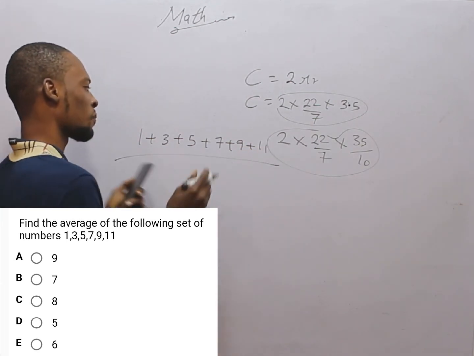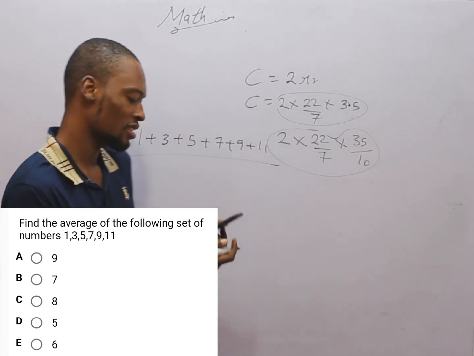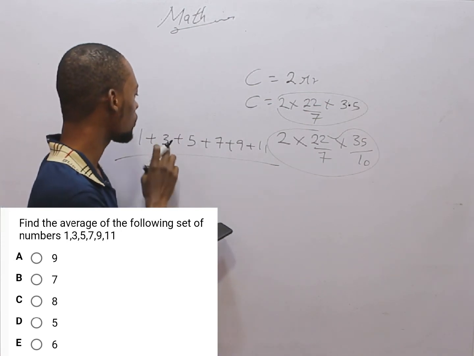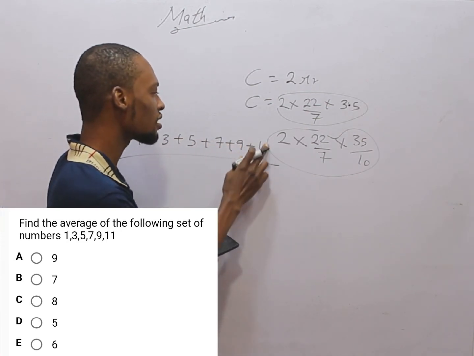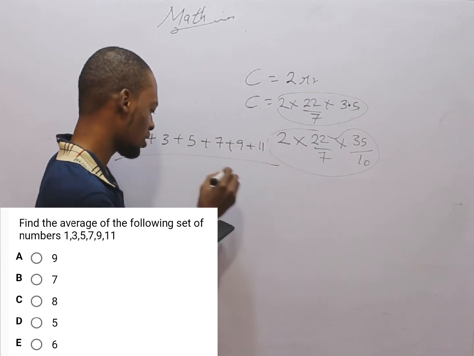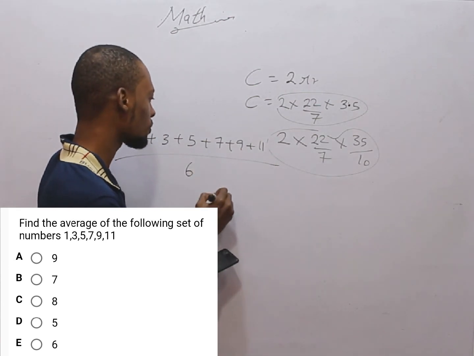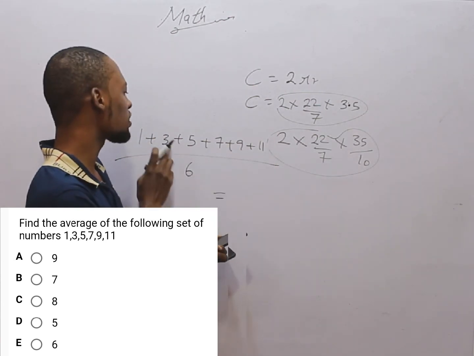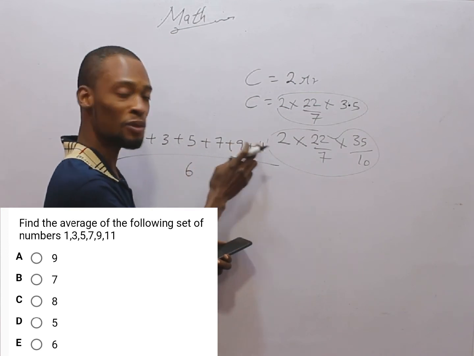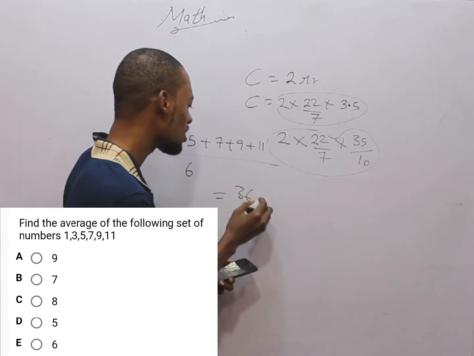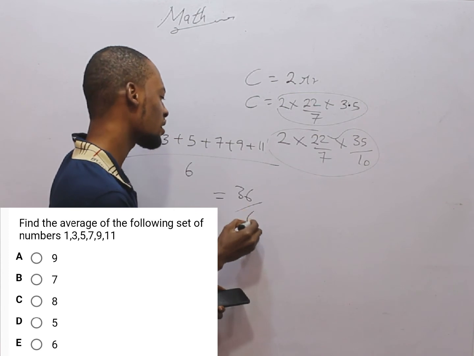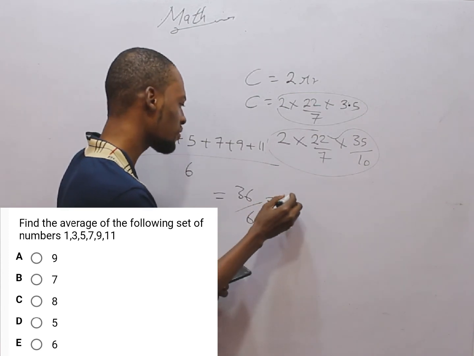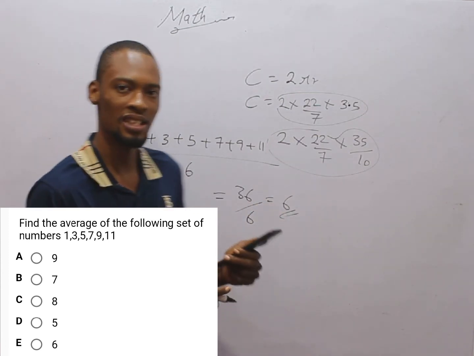Then divide by how many numbers there are. It is simply 1, 2, 3, 4, 5, 6. So we have 6 numbers. You divide by 6. 1 plus 3 plus 5 plus 7 plus 9 plus 11 is 36. 36 divided by 6 should give you 6. 6 times 6 is 36.